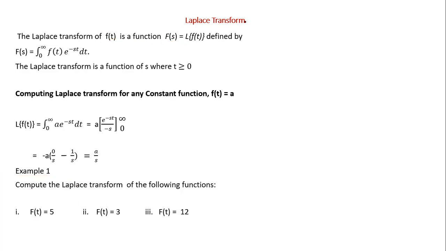The Laplace of f of t is defined by F of s equal to the integral from 0 to positive infinity of f of t, that is the original function that you are transforming, multiplied by e power negative st, ds.